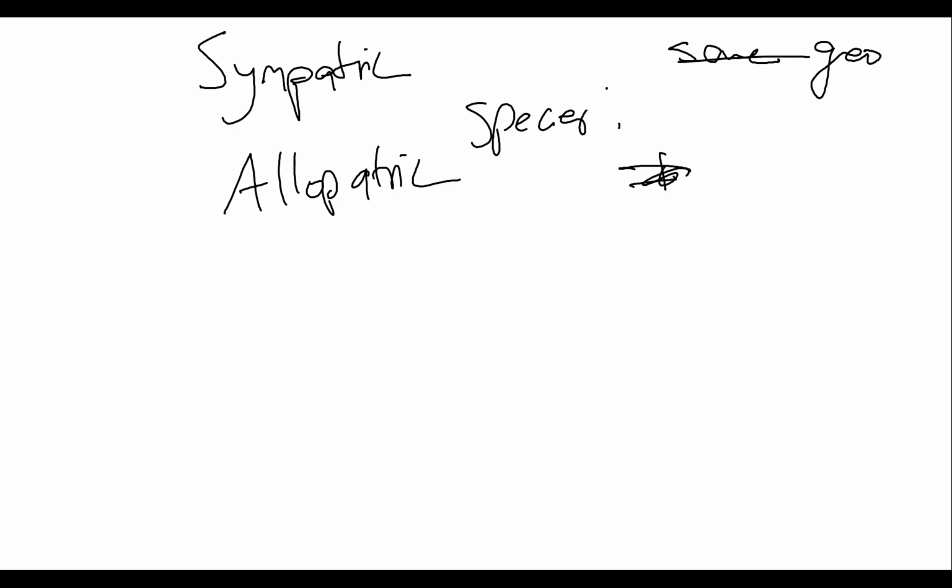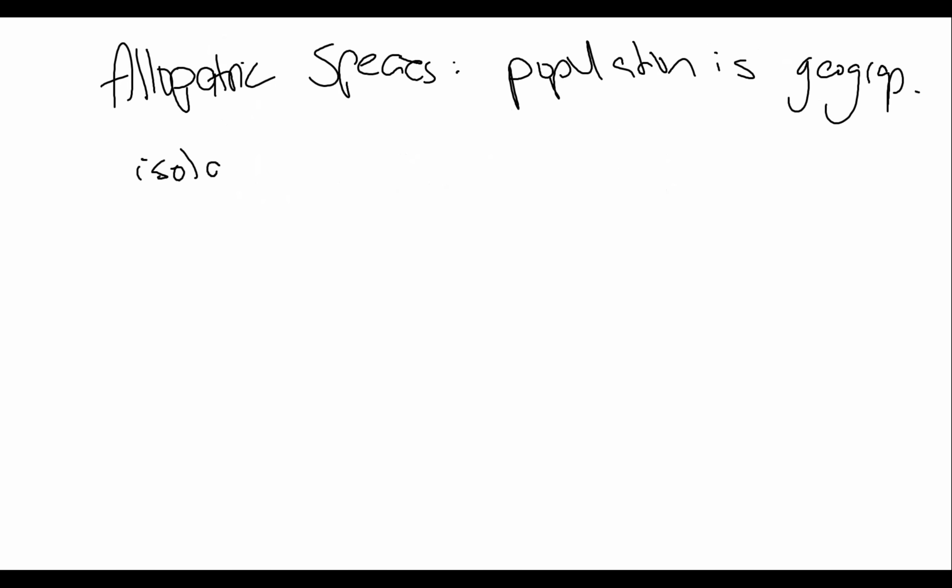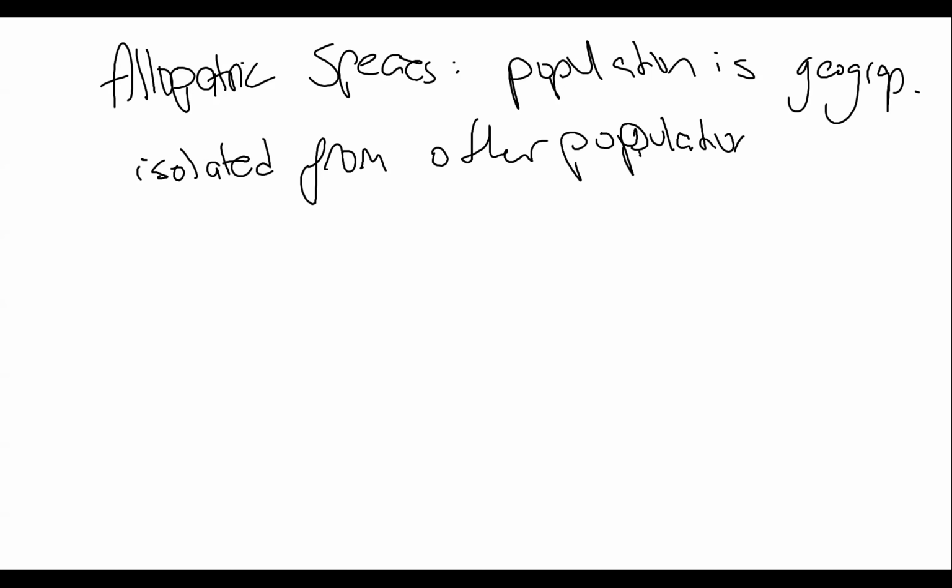Okay. So allopatric speciation is when a population is geographically isolated from other populations of the same species.